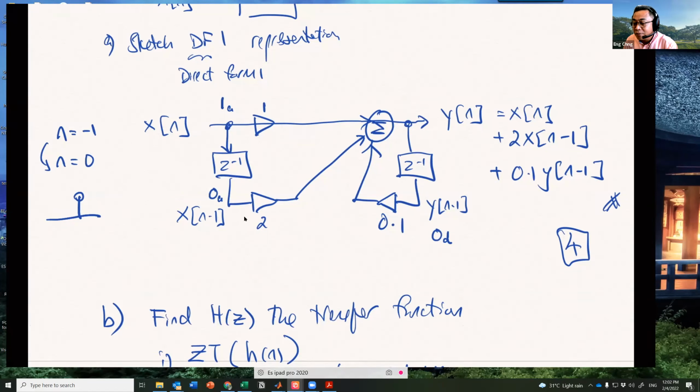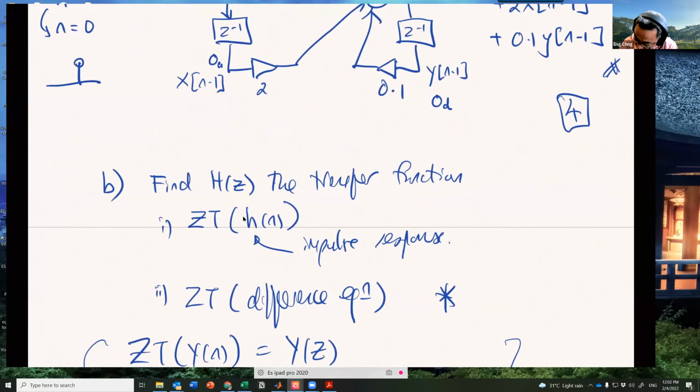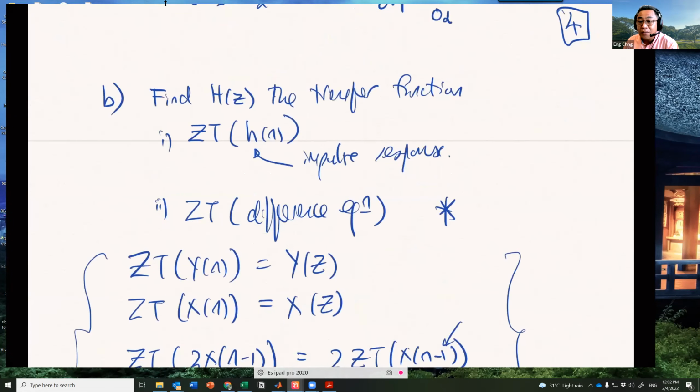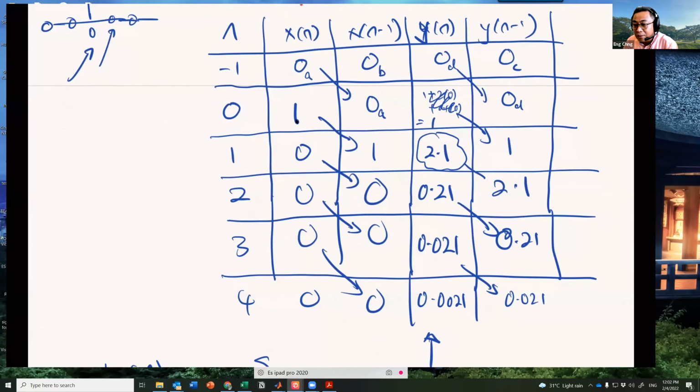I'm drawing that little arrow here to show you all the data. 0a from x[n] will flow to x[n-1]. The new data 1 comes in. When I push again, the new time index 1 will flow in here. Can you see now?